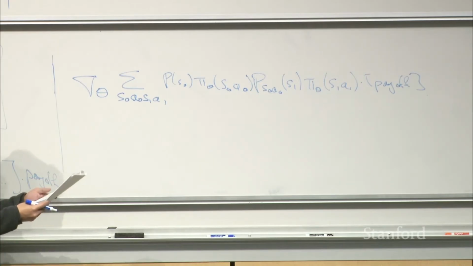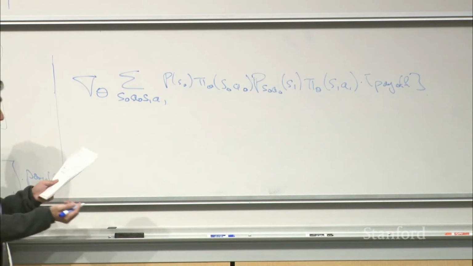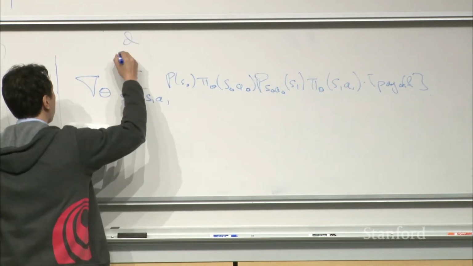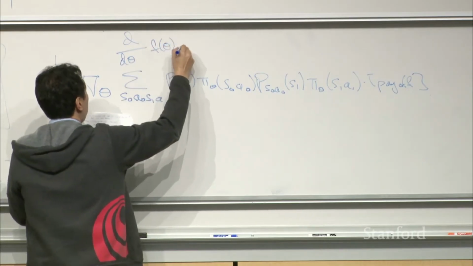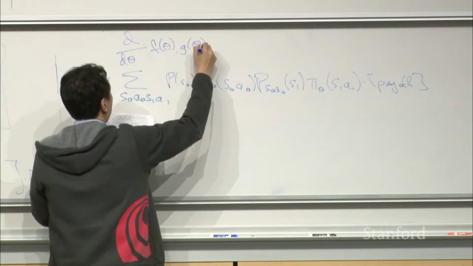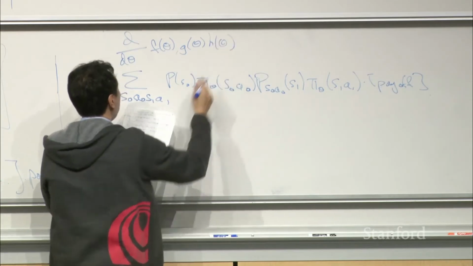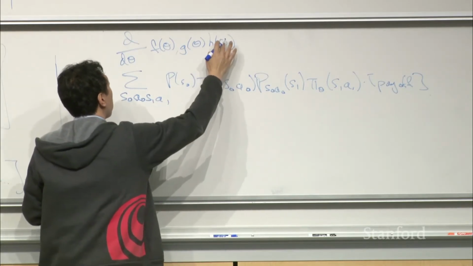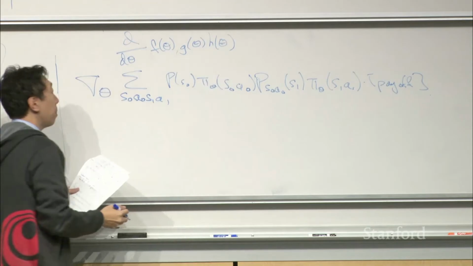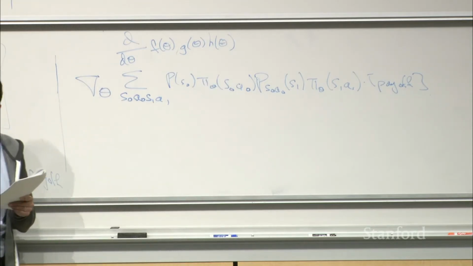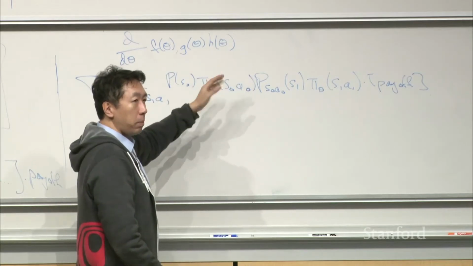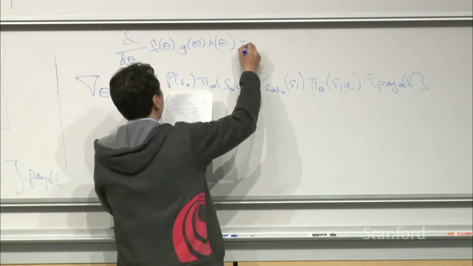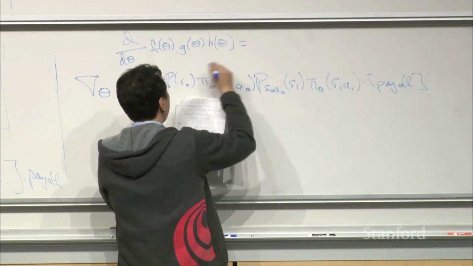Now, first, I want to remind you, when you take the derivative of a product of 3 things, right? So let's say that you have 3 functions: f of theta times g of theta times h of theta. So by the product rule from calculus, the derivative of the product of 3 things is obtained by taking the derivatives of each of them one at a time, right?